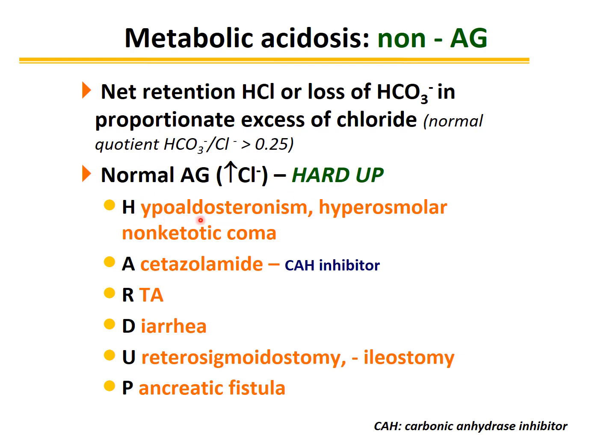When we have an endocrine disorder such as hypoaldosteronism, or hyperosmotic non-ketoacidotic coma, or acetazolamide, a carbonic anhydrase inhibitor, for example, renal tubular acidosis, diarrhea, ureterosigmoidoscopy, ileostomy, or pancreatic fistula, all of these can cause non-anion gap acidosis.